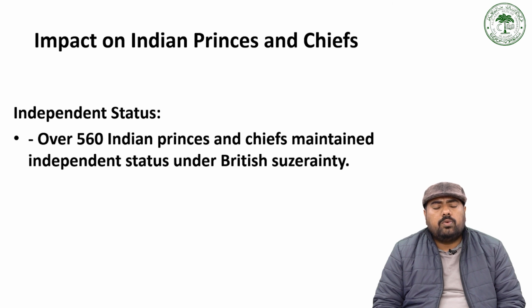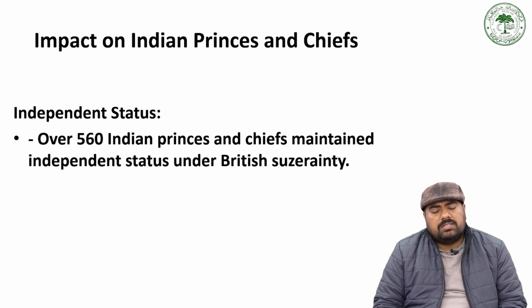Prior to 1857 or 1858, their powers were marginalized and they were harassed by the company's rule. They either worked as agents for the British government, and some in fact revolted against the company's rule or the colonial rule, which led to the revolt of 1857.